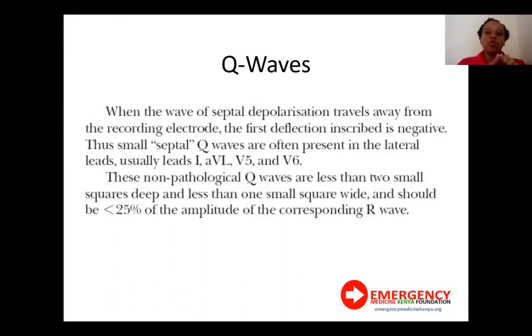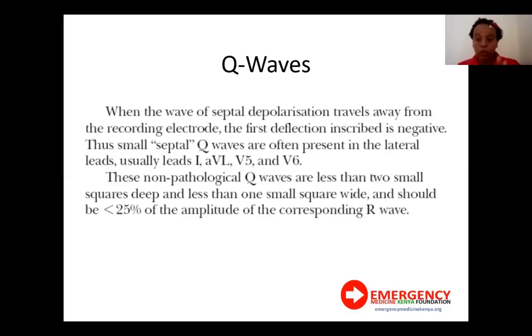You'll see that it's quite deep. But when it is normal, because in our normal strip you usually have Q waves, it should be less than 2 small squares deep and less than 1 small square wide.